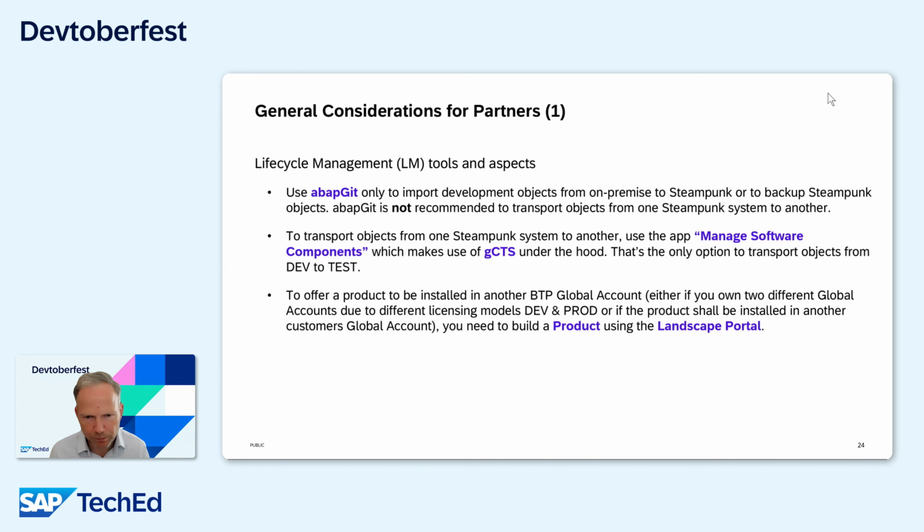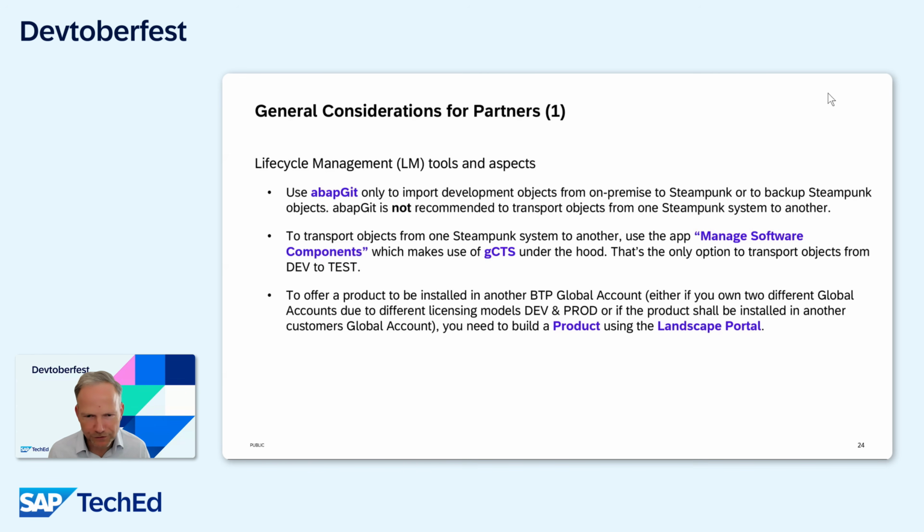If you want to transport objects from one Steampunk system to another one, especially from dev to test, you need to use the app which I showed before, Manage Software Components, and technically gCTS, the Git-enabled Change and Transport System, is used under the hood.